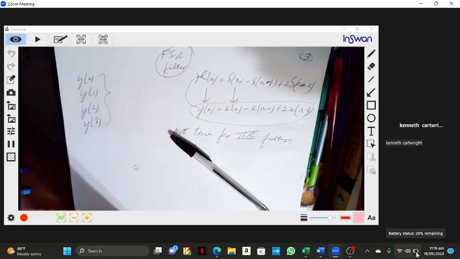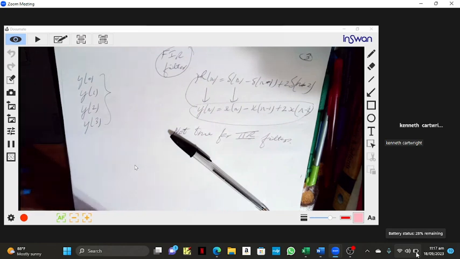When it relates to a filter, I have named x of n, which is the input. I have named y of n, which is the output. I have named the impulse response, which is h of n. I've named the step response, which is s of n. I've named the difference equation. Use those names to explain your answer.